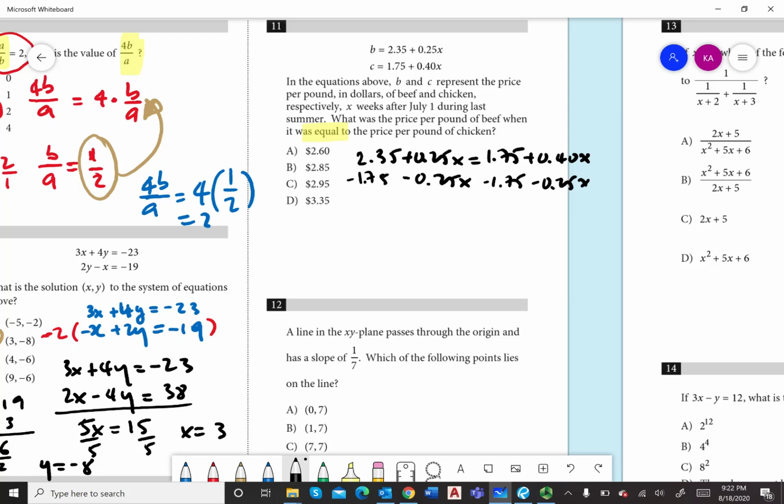You could do it one by one if it gets confusing. Here, this will cancel, that will cancel. So I have these two, which gives me 0.6, and then this gives me 0.15. Then I can divide by 0.15.